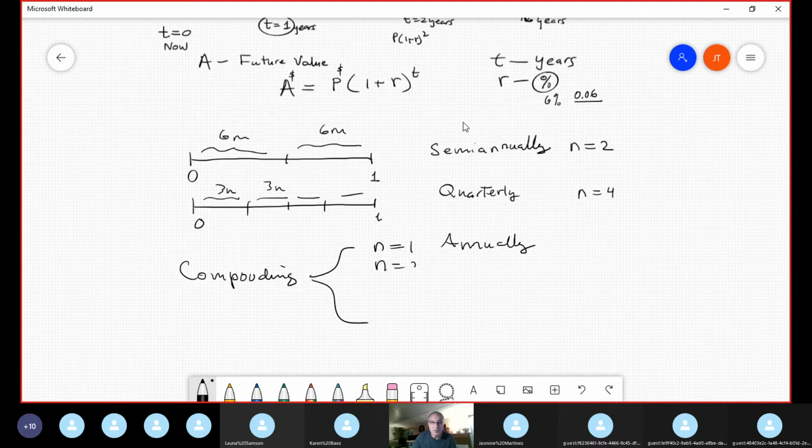Suppose m equal 2, semi-annually. m equal 4, quarterly.